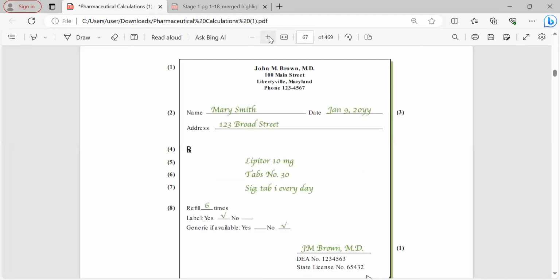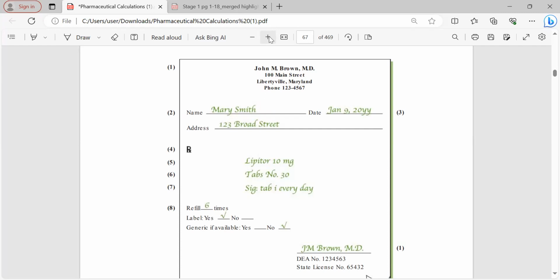Like we said, it needs to have, one, the details of the prescriber, and two, the details of the patient. It needs to have the date, so that if you need to do a number of refills, you'd know how to do the refills and when to stop. Because if it doesn't have a date and you are expected to do 3 refills, how would you know you have reached the 3 refills?